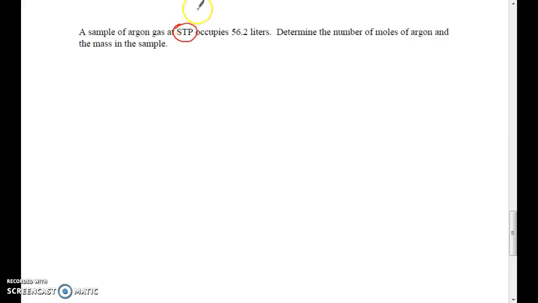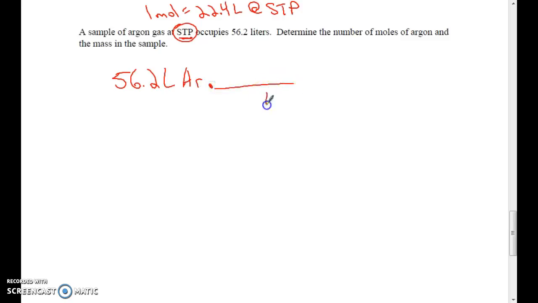We know that at STP, 1 mole of a gas takes up 22.4 liters. Again, that's only at STP. So if we wanted to, we could use Avogadro's law to solve this problem. Start off with 56.2 liters of argon, putting liters on the bottom.